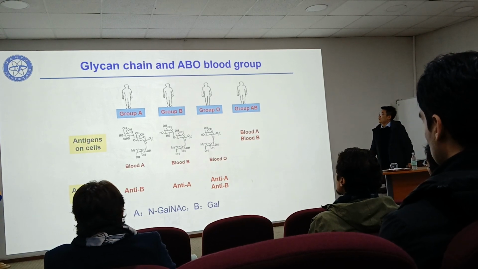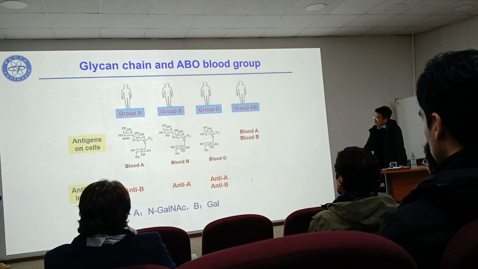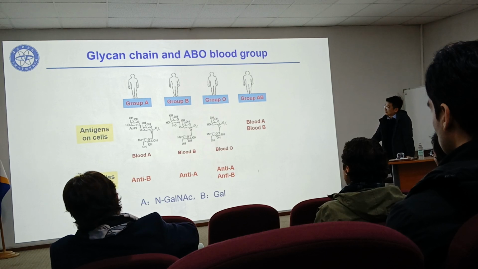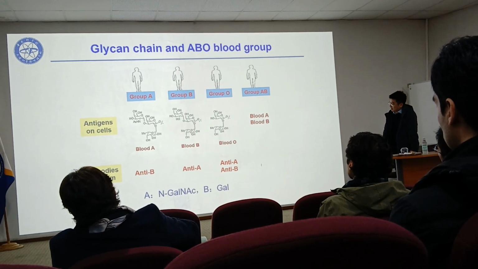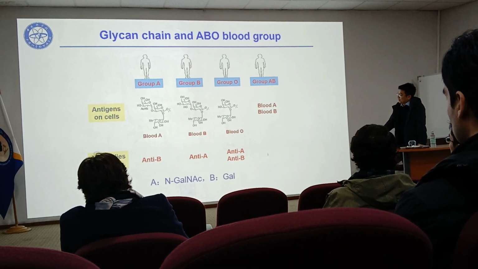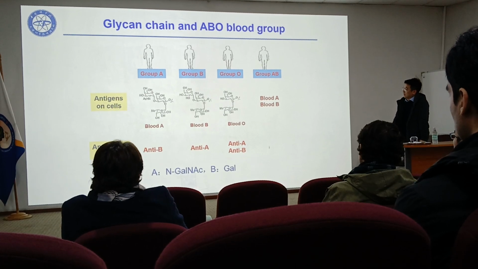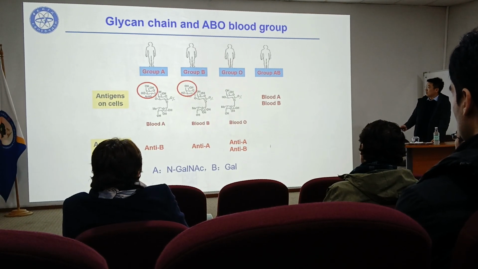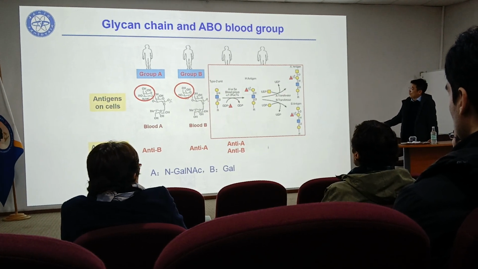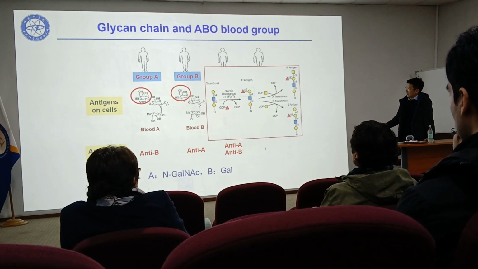They will show one example in the blood group antigens. Our blood groups are A, B, AB and O. Their antigens differ in the last monosaccharide on the cell surface. Group A has GalNAc, and group B has galactose. The difference between the two monosaccharides is controlled by different glycosyltransferases.